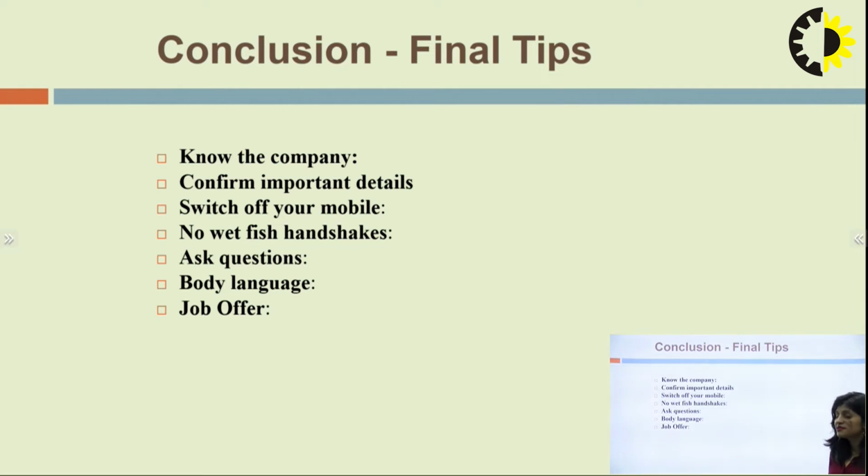Know the company means that you need to do some kind of homework. You should be well acquainted with the company and what type of work it deals with. You should also know about the internal culture of the company, its annual reports, and its mission and vision statements.